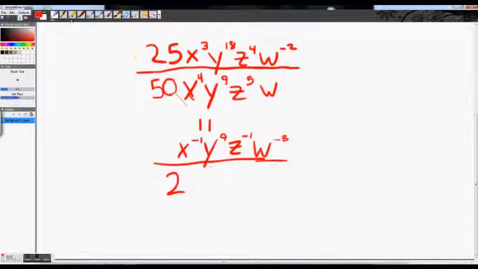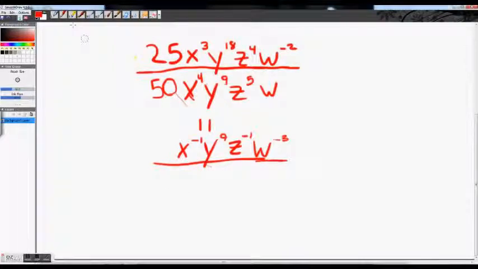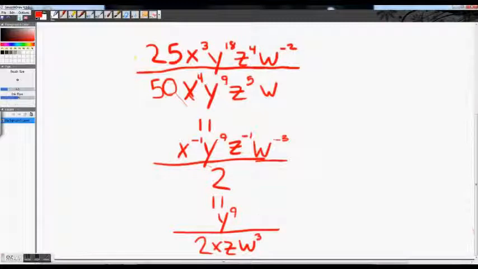Is anything else on the bottom besides 2? Okay, now this is going to be equal to, remember, we're going to put the negatives on the bottom, y to the ninth divided by 2x z w cubed.